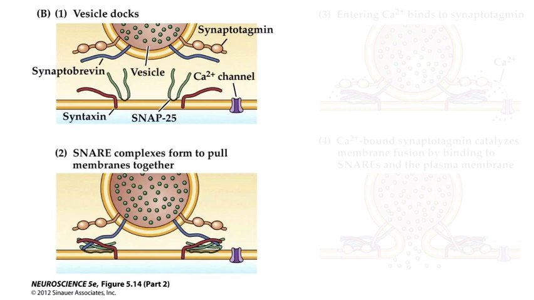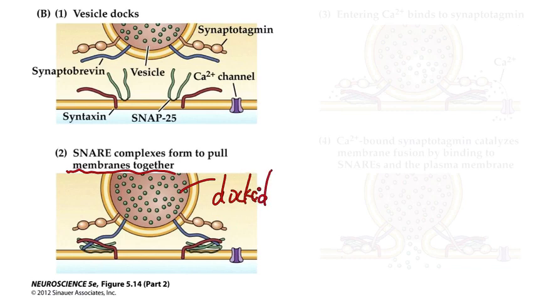So the SNARE complex begins to dock a vesicle membrane, and this happens in a calcium-independent fashion. This allows a vesicle to be docked even without an inrush yet of calcium into the presynaptic terminal. So when the SNARE complex forms, we can say that these membranes have been pulled together and this vesicle is now docked.